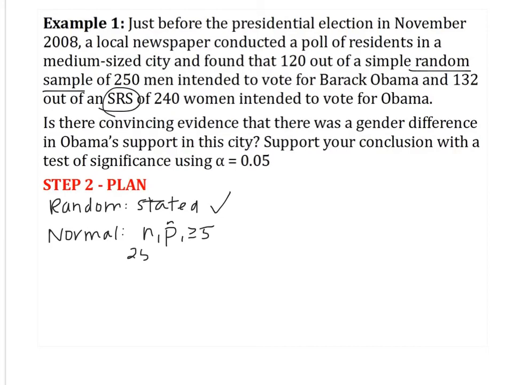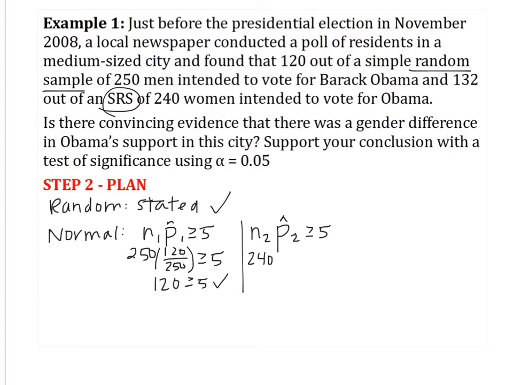Well, 250 times 120 out of 250 is greater than or equal to 5 because 120 is greater than or equal to 5. Then I'm going to do that again for N2 times P hat 2 greater than or equal to 5. Well, 240 times 132 out of 240, and 132 is greater than or equal to 5.